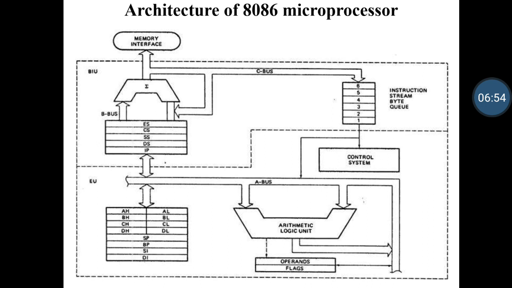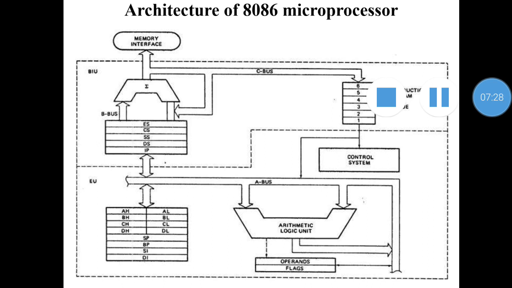So first I will explain the bus interface unit. The function of the bus interface unit is to handle the data and transfer the data between the processor and memory or IO devices. Also, the bus interface unit is used to compute and send the addresses of the data.